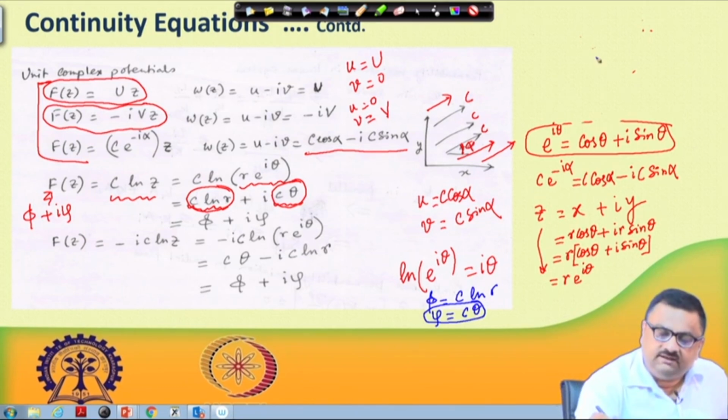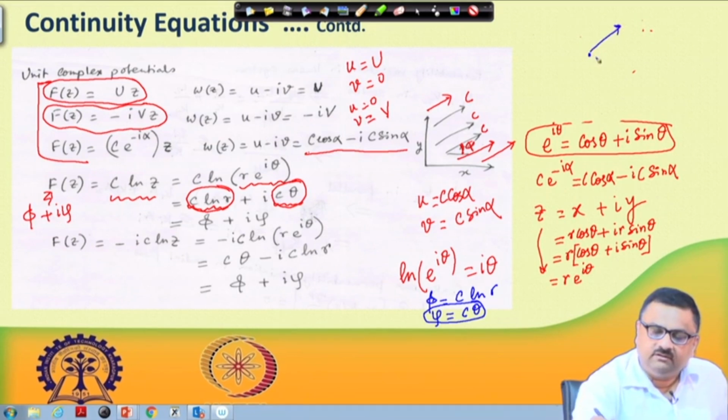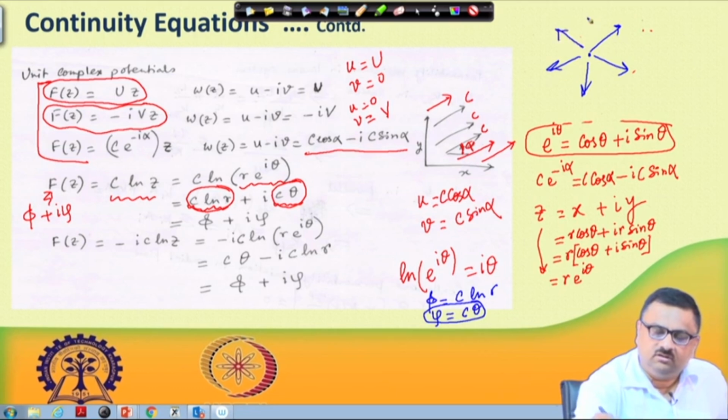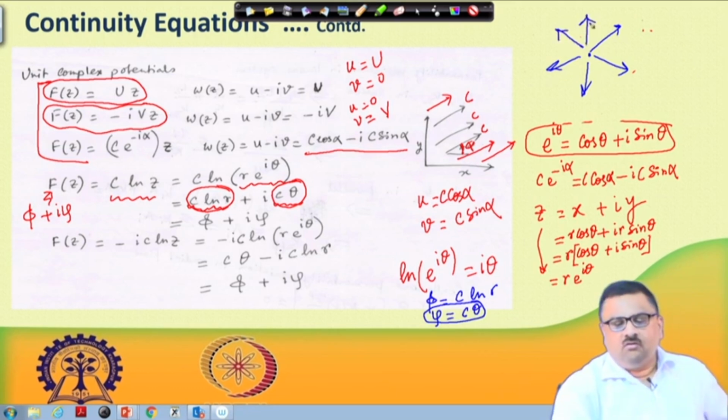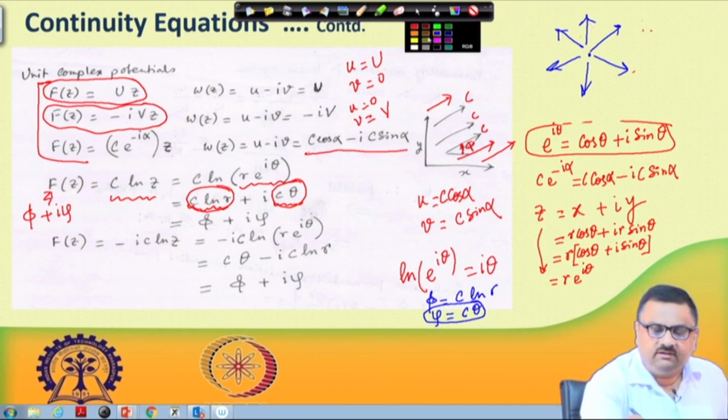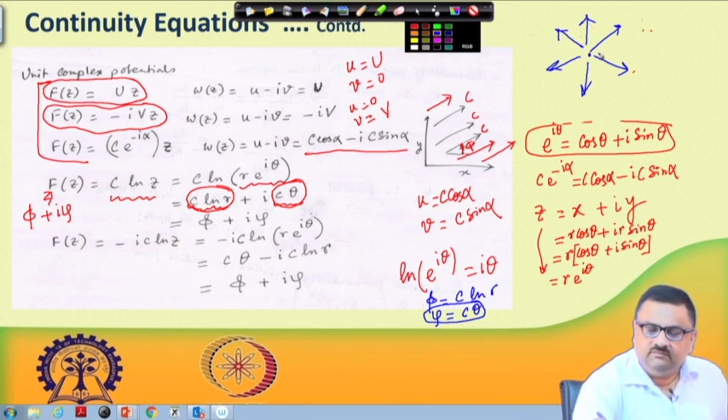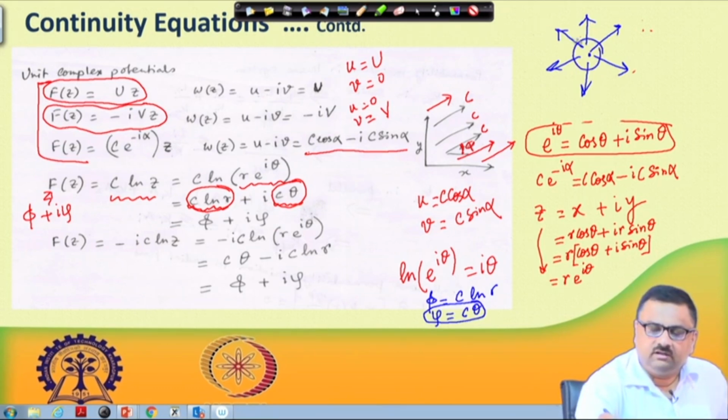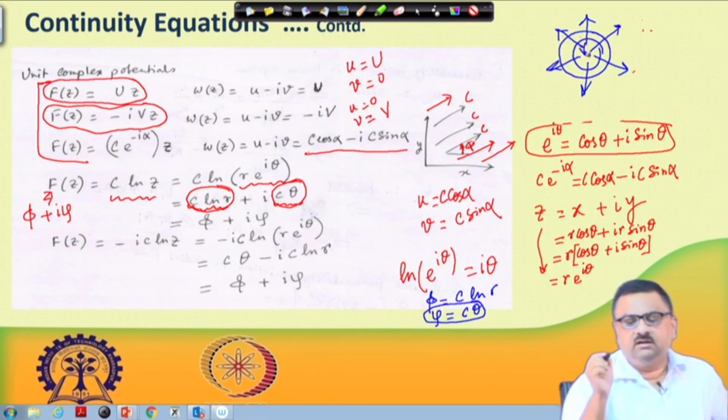See, in r theta system, if this is the center, we can have these lines radially outward, or we can have these lines which are circles in r theta system.